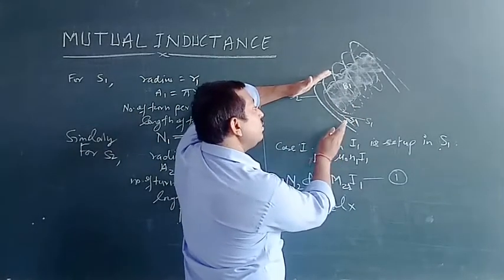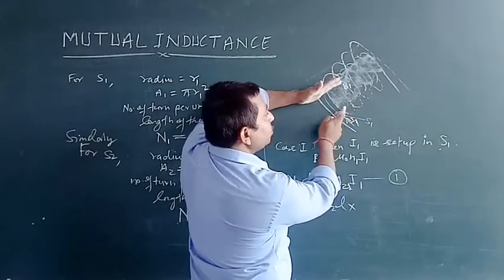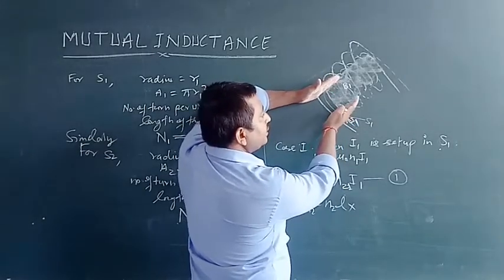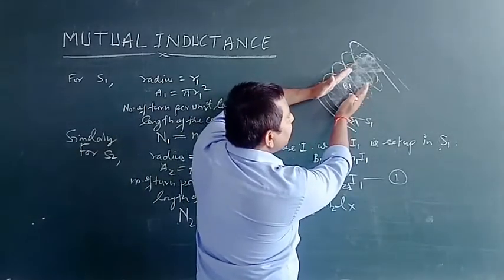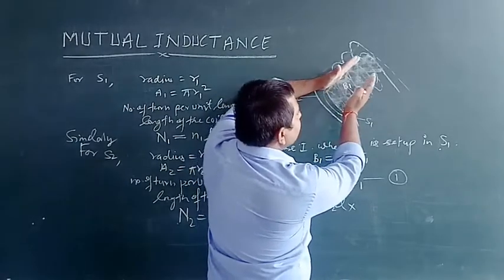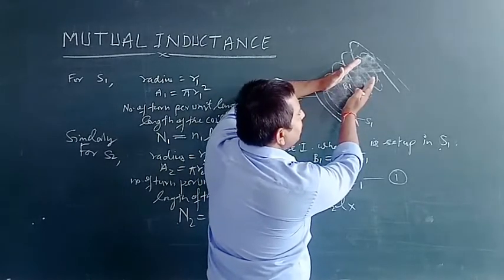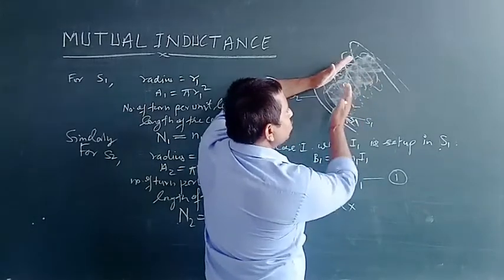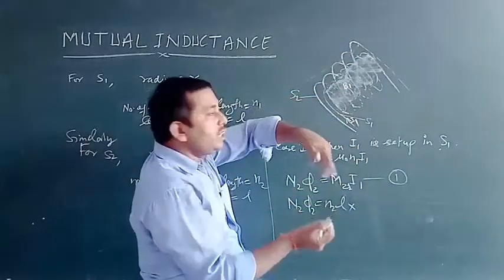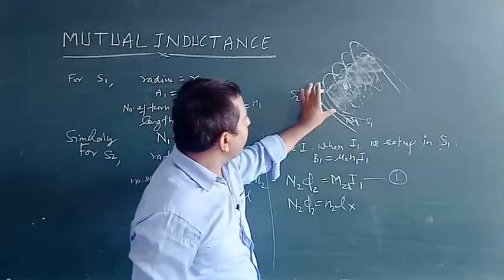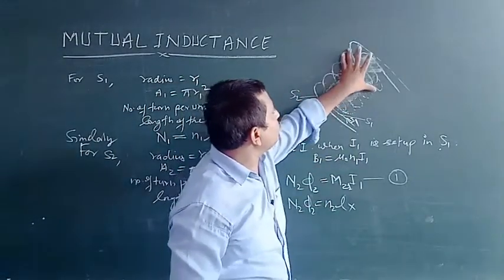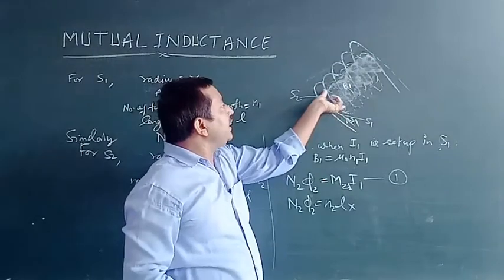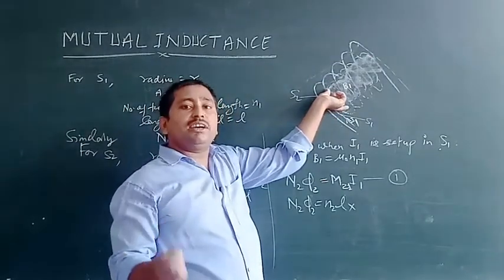And we know that if there is a current flowing through the inner coil, then there is a magnetic field only inside the area of the first coil. It means outside the area of the first coil, the magnetic field is 0. So the magnetic flux linkage to the second coil will occur only inside the area nearly equal to the area of the first coil.